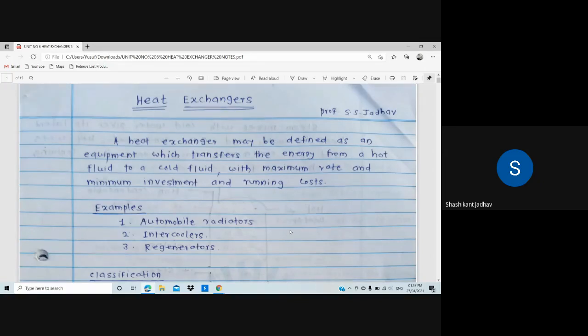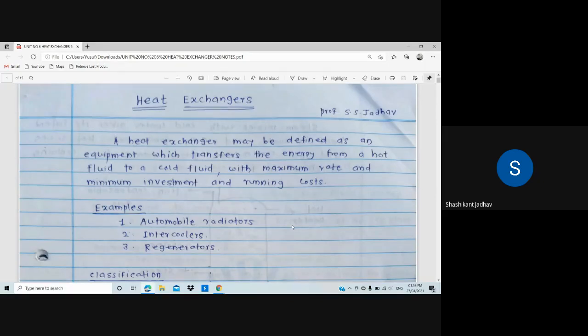And third example is the regenerators. So these are the examples where heat exchange takes place, that is, hot fluid to cold fluid heat transfer takes place in these devices.